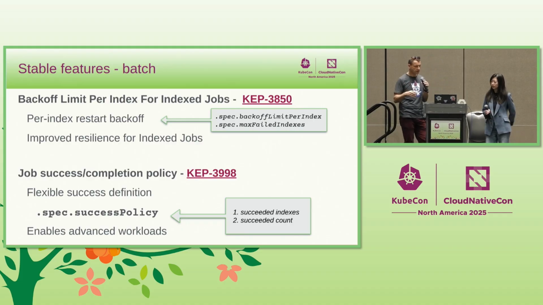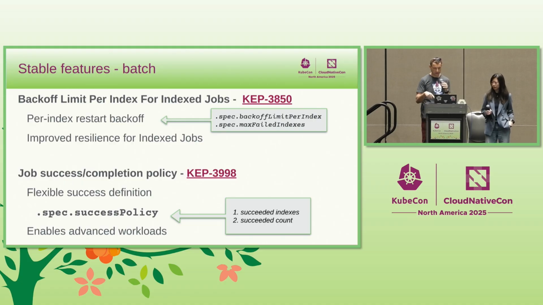So this particular feature gives you that ability by letting you specify this per index, and then we're counting the backoff for every single index rather than globally across the entire job. That's where the spec backoffLimitPerIndex field comes in, which, as you probably assume, cannot be set together with the other backoff.